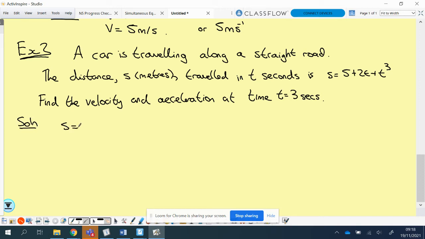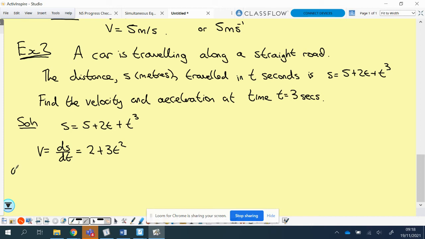So, start off with our function, which is 5 plus 2t plus t cubed. Well, we want the velocity, so that's ds by dt. Therefore, that would give me 2 plus 3t squared.